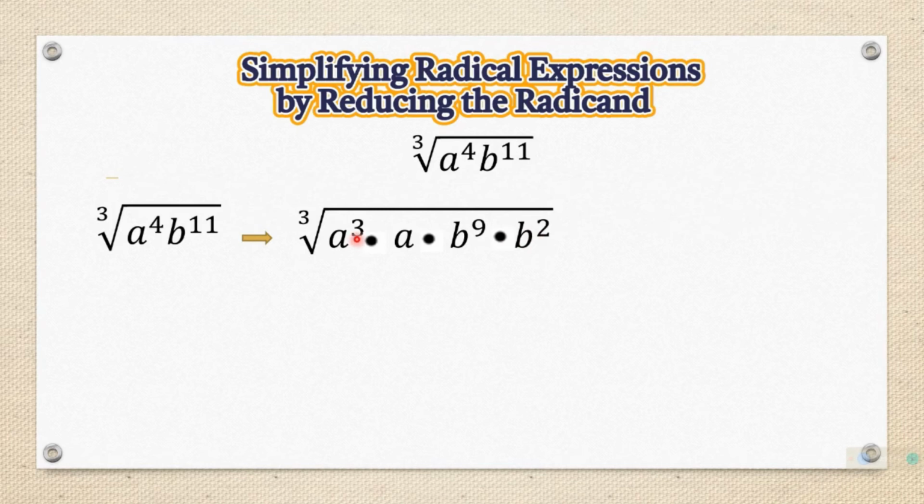The exponent of a, 3, is now divisible by our index, same with the exponent of b, 9. So 3 divided by 3, that will give us a raised to 1, or simply a. Then b raised to 9, 9 divided by 3 is 3. Then let's copy the factors that have no cube root, and that is cube root of ab squared.